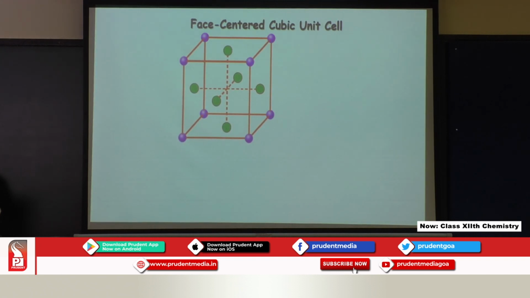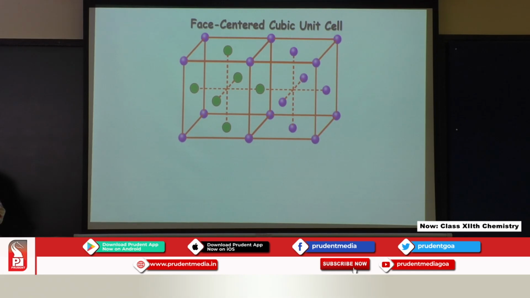We now come to a face centered cubic unit cell. The first calculation remains the same. Now let's see what happens to the rest of the atoms. Observe the atoms which are highlighted in green. Each of them is present at the center of each of the faces of the unit cell. Look at the atom which is highlighted in black. With how many unit cells is this atom shared? The answer is 2, because it is also shared with the unit cell to its right.